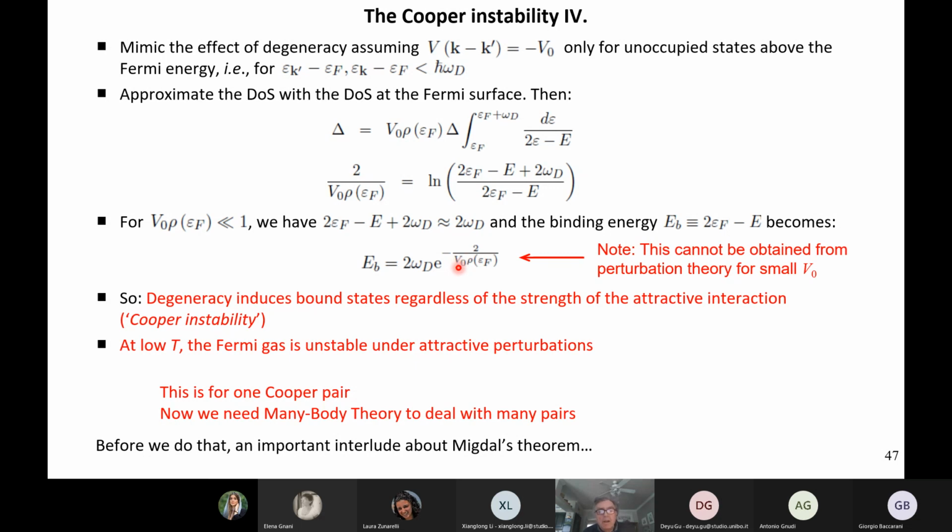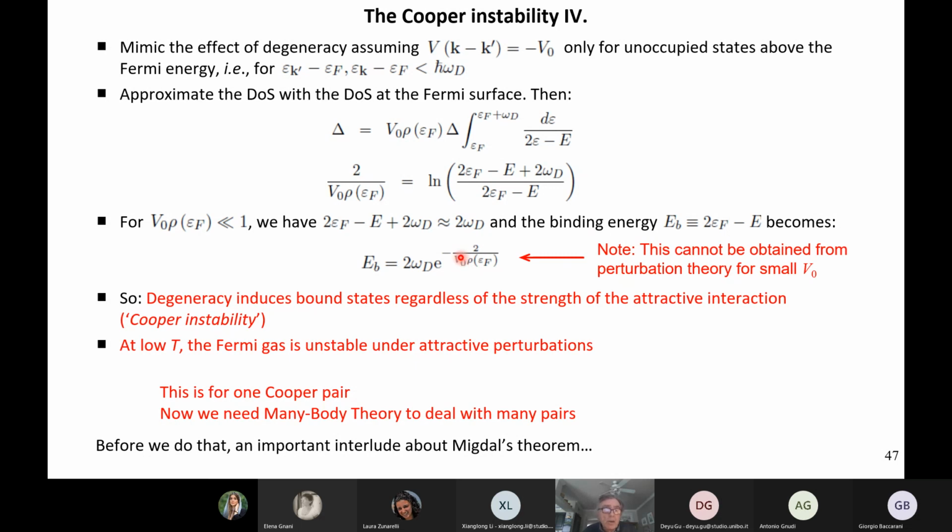Notice that as V0 goes to 0, I get an essential singularity. So perturbation theory cannot reach this result. And this is the major feature of BCS theory, and this is why it's such a unique theory and required the intuition of Bardeen, driven probably by this idea of the Cooper instability. So the idea is that this is valid for any weak perturbation.